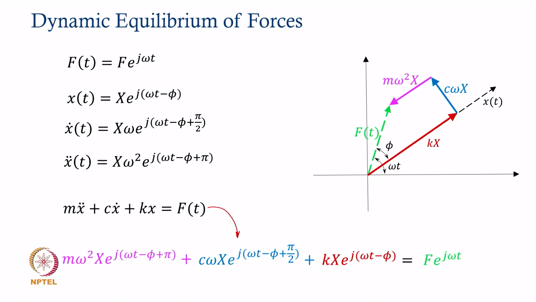Their orientations or phases are like this: the dissipating force leads the restoring force by 90 degrees, the inertia force leads the dissipating force by another 90 degrees, and this is how they close.